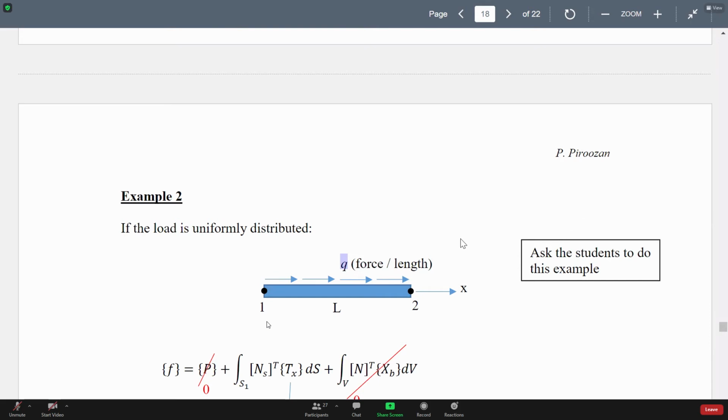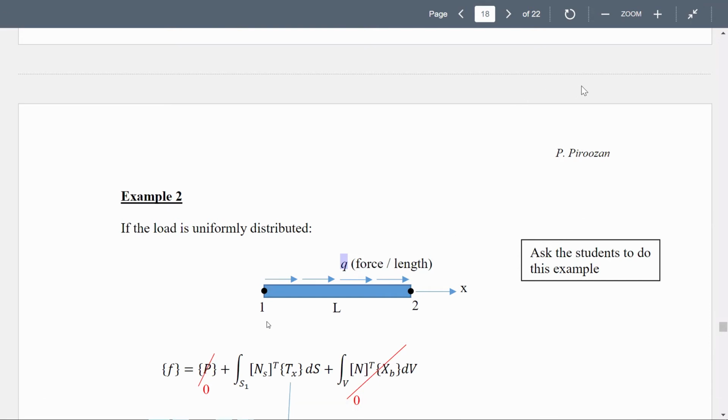All right. Anyone want to share with us what you got for the equivalent nodal forces? I just got 1/2 at node 1 and 1/2 at node 2. 1/2 of what?